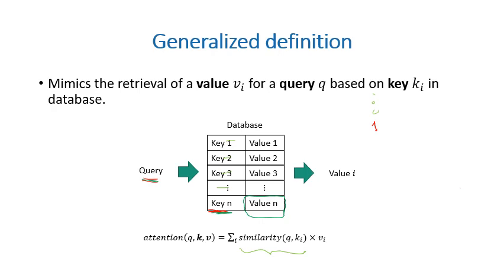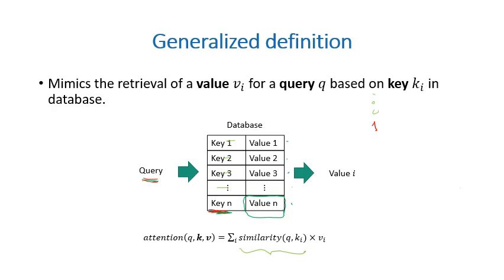So if you multiply this by V_i, then all of these multiplications are going to be 0, and this one times value n is going to be value n. So if you take the summation of this, then basically you have the value n, which matches this particular query.